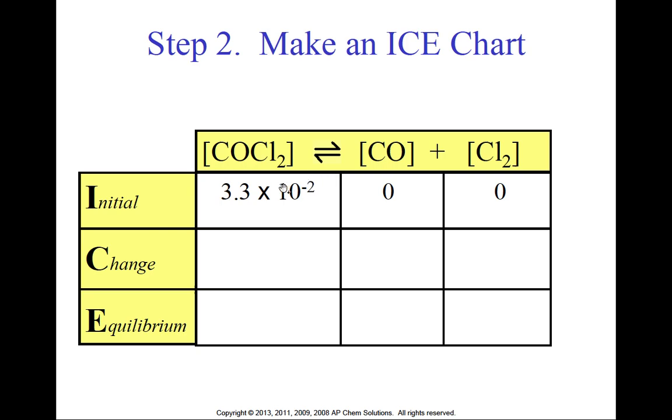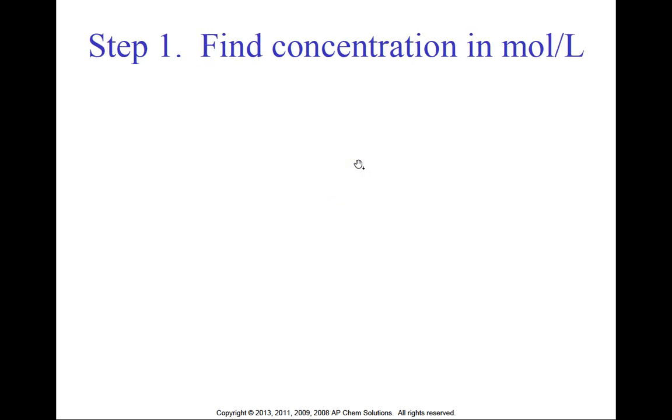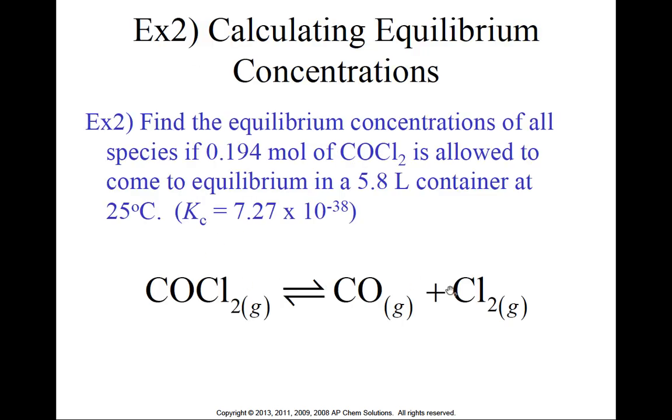Once again, this is our molar concentration of our reactant. We have no products at the moment. Our coefficients for each one of these is 1 in this reaction. 1, 1, and 1.